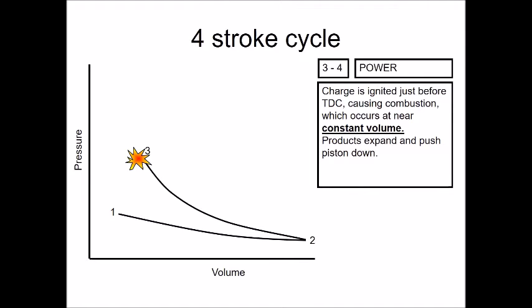There is heat release in our chemical reaction. It's an exothermic chemical reaction, and heat is being released. That means that the products of combustion are starting to expand. They're at a very high temperature and they're expanding, and they're pushing the piston out of the way, pushing it downwards. Let's watch that.